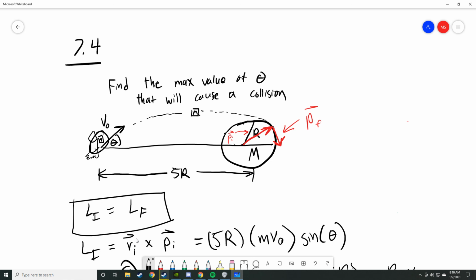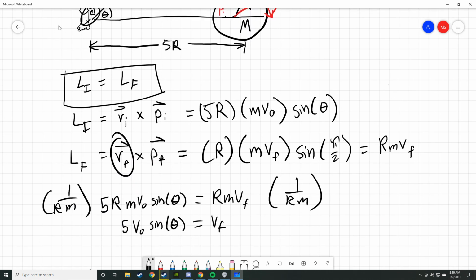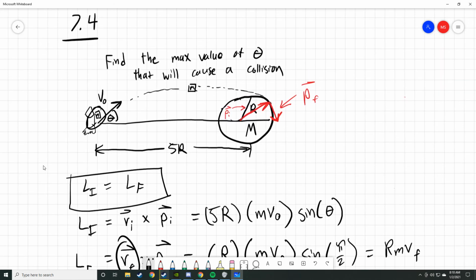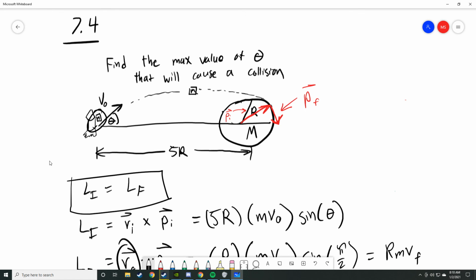Because, as we showed earlier, in a brief calculation at the beginning of the video with torque, it would apply zero net torque, because torque is a cross product of R and the force, and if R and the force are aligned, you're going to have no torque and therefore no change in angular momentum.